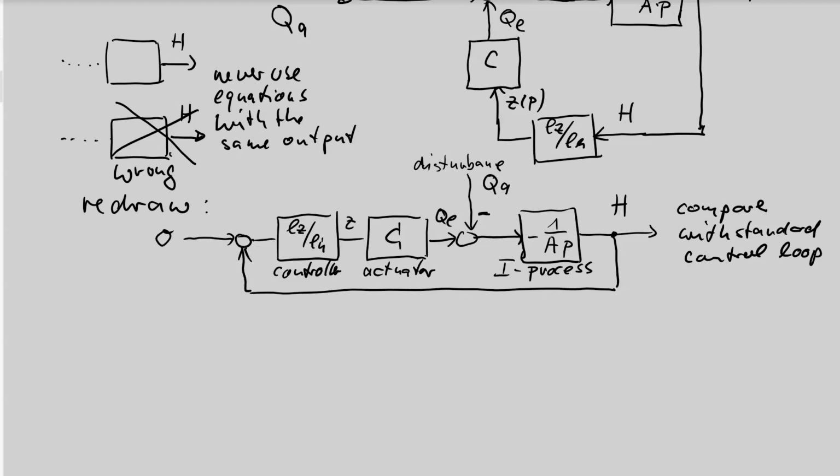Question: where is the minus sign? Is this loop a negative feedback or a positive feedback? We can answer this if we first see this minus sign, but this minus sign is not an inverter within the loop. That is just an inverter for the input signal. So this has nothing to do with whether this is a positive or negative feedback.